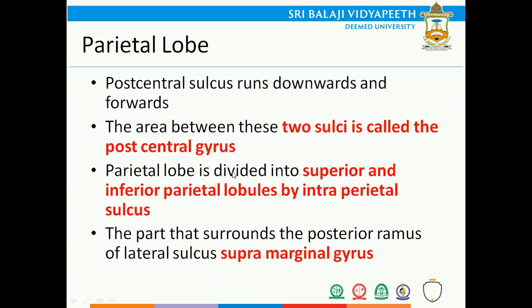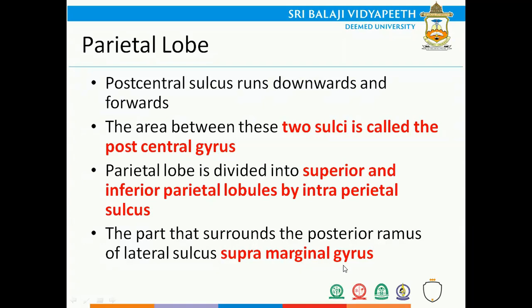The parietal lobe is divided into superior and inferior parietal lobules by an intraparietal sulcus. The part that surrounds the posterior ramus of the lateral sulcus is called the supramarginal gyrus.